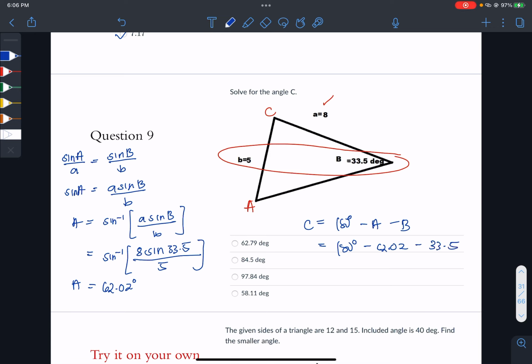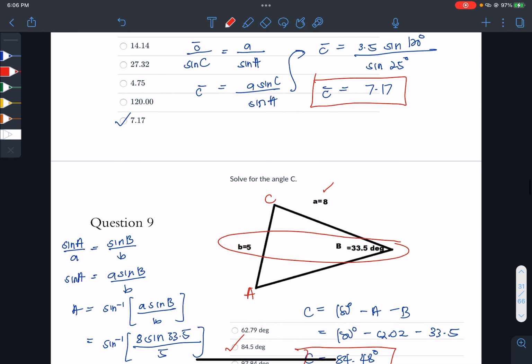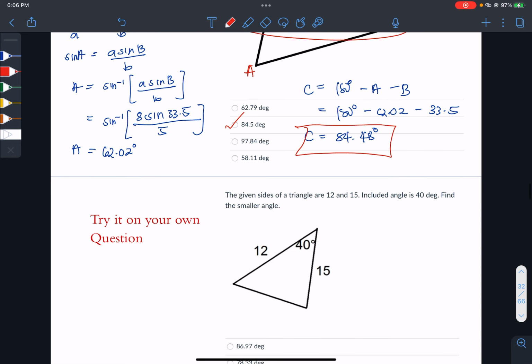C is 84.48 degrees. So which is this one. So that is using the law of sines. As long as there are two given pairs of opposites, we can use the law of sines.